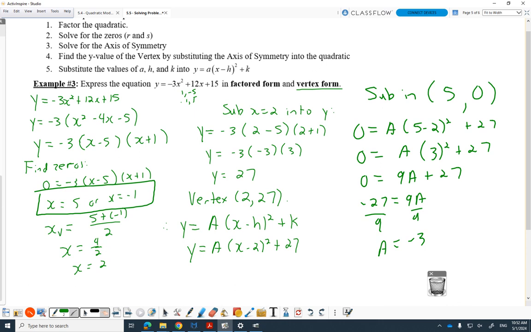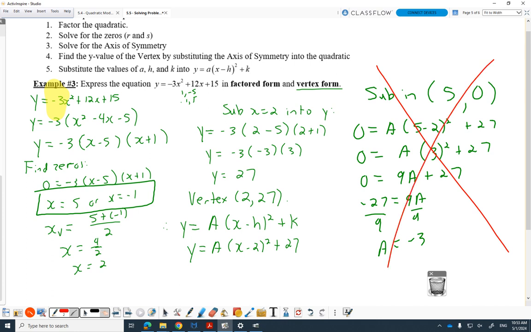You already knew a was negative 3. At the very start of the question, we already knew a. So this long procedure, you're like, oh, this procedure is crazy. Yeah, well, that's true, but with a little experience, there is no reason to do this step here.